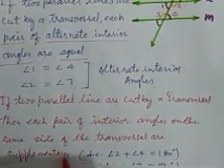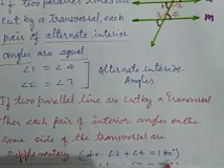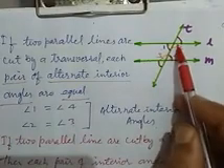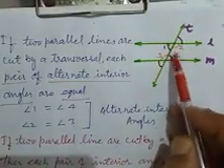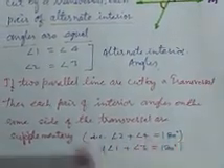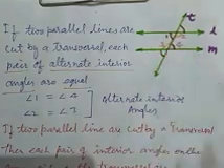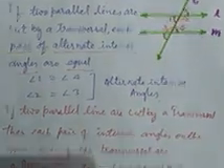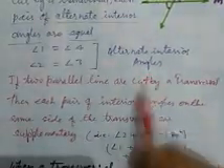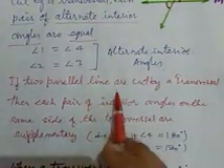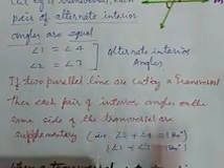When their sum becomes 180, then they are supplementary. Here we can see angle 2 plus angle 4 equals 180. So they are supplementary. Similarly, angle 1 and angle 3 are also 180. So they are supplementary angles. Learn this statement completely.